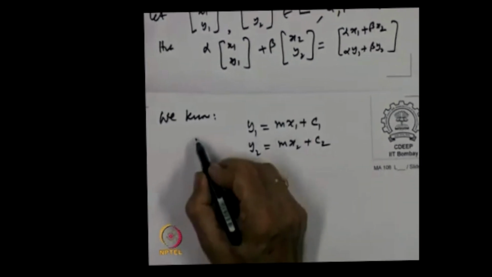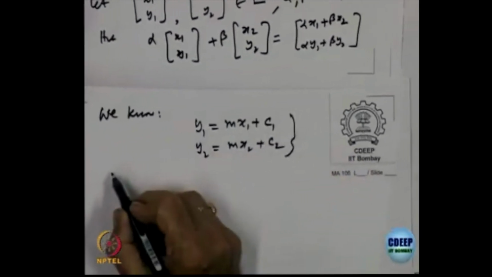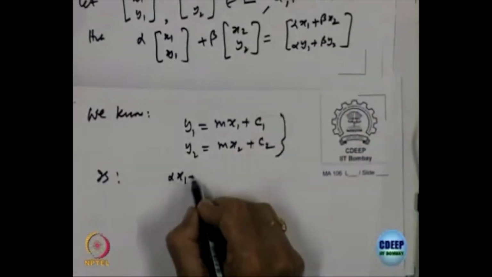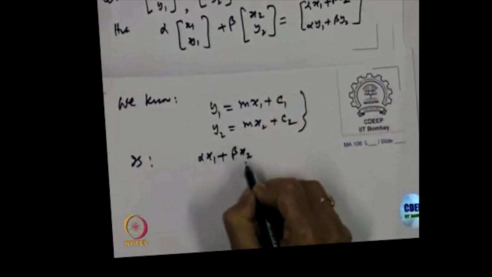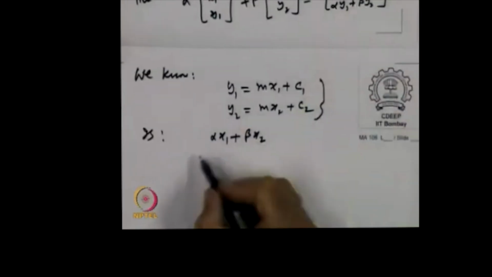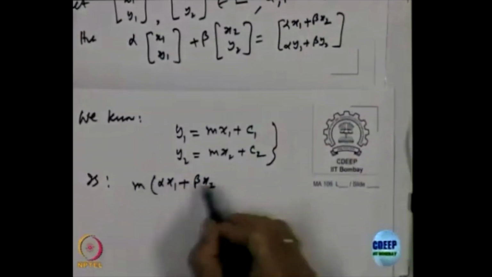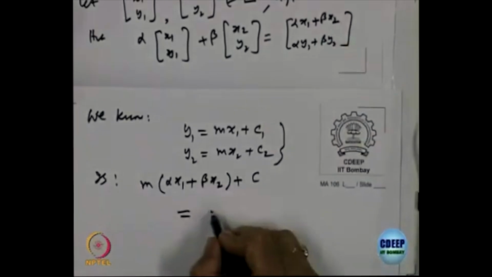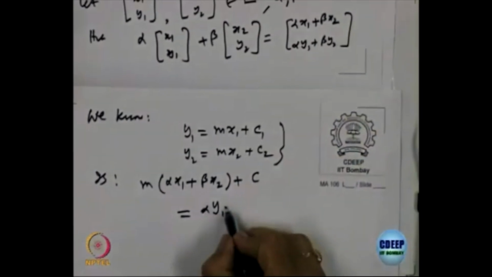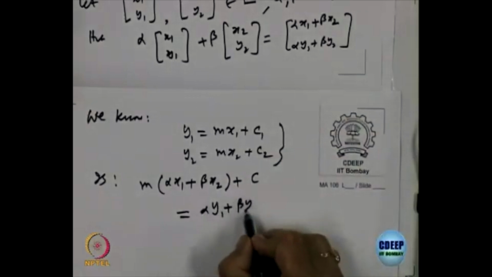Given this, is the following true: can I say m times alpha x1 plus beta x2, plus c, is equal to alpha y1 plus beta y2?